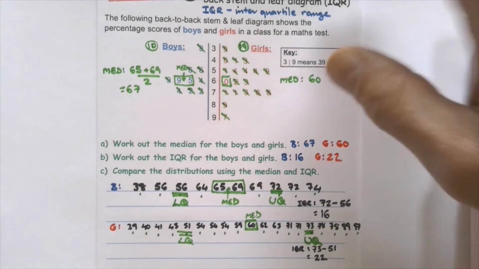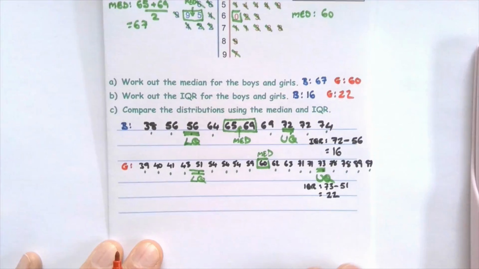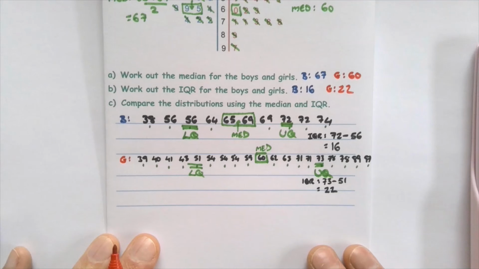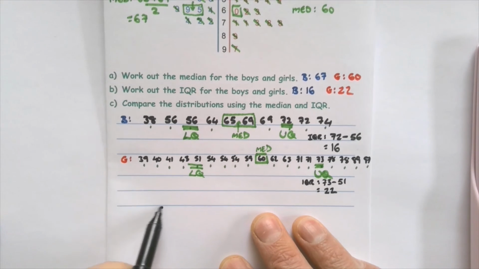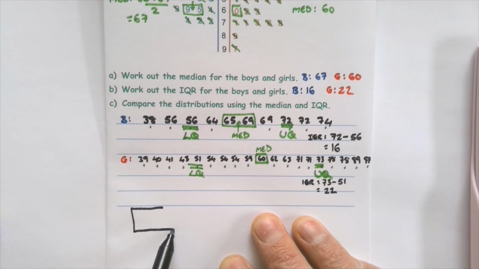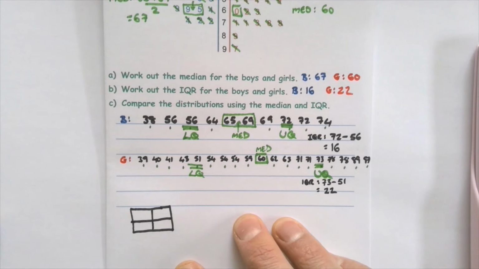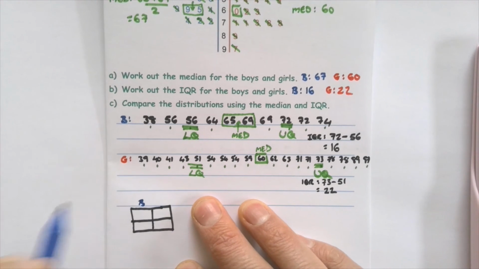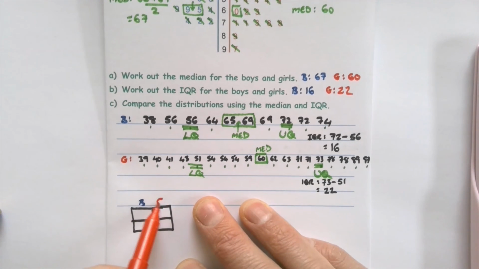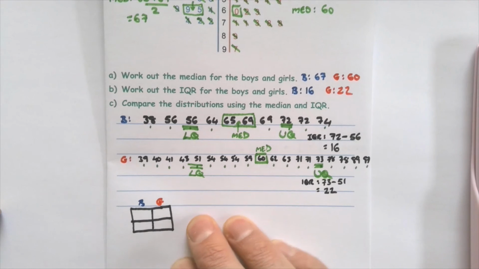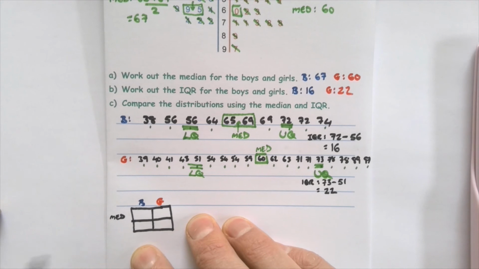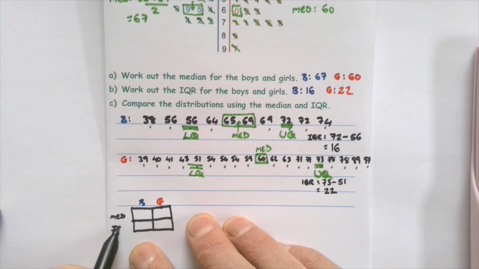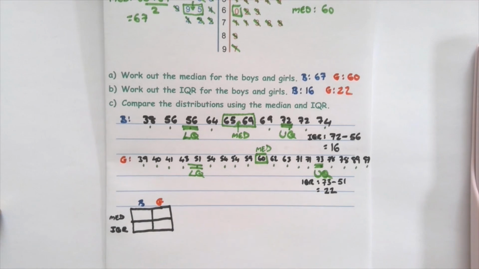Okay. Right, so now we need to do some comparing of all that information. So remember what I said before. When we do comparing, we have a box of numbers. So we're going to have boys and girls, and we're going to have a median for the average, and we're going to have the IQR for the spread of the data.